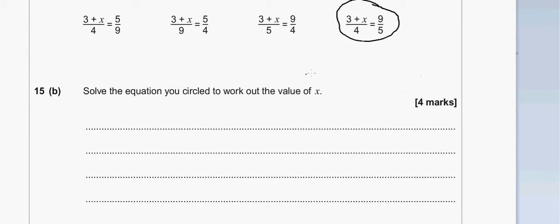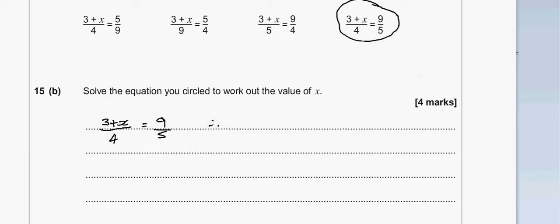Now it just says work out the value of x. Well, we have here 3 plus x all over 4 equals 9 over 5.